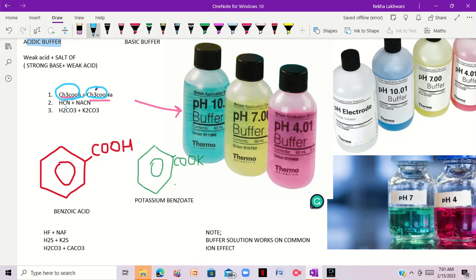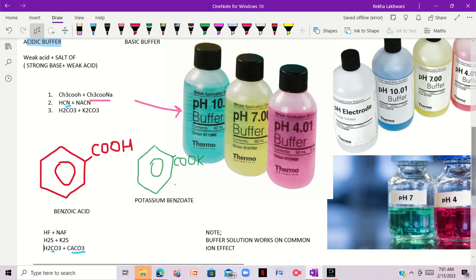Here we have cyanide, carbonate, the whole ring and COO, which are the same. Here fluoride, here sulfur, and here carbonate and carbonate. These are basically common ions. This is an overview. I will explain the whole thing in my next video.